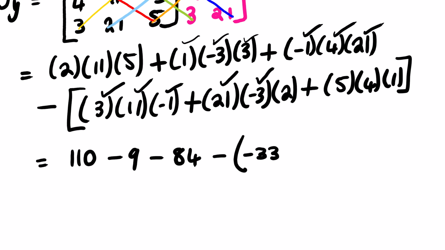21 multiplied by negative 3 multiplied by 2, the answer will give us negative 126. Plus 5 multiplied by 4 multiplied by 1, it's 20. 110 minus 9 minus 84.